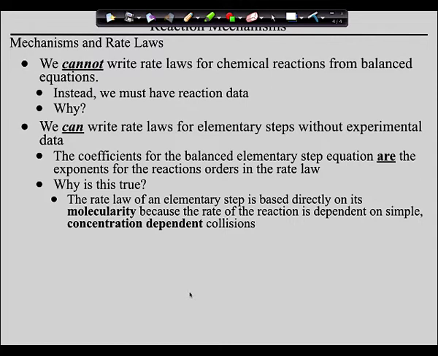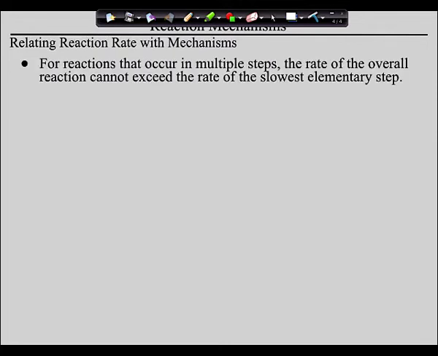So guys, what is the rate determining step? It goes like this. If you have a reaction that occurs in multiple steps, so it has a multiple elementary step mechanism, the reaction cannot go any faster than the slowest step.